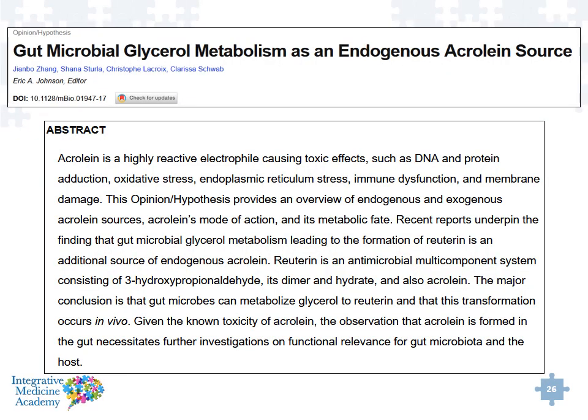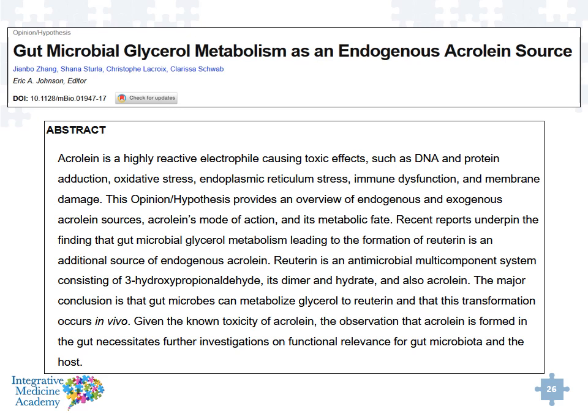So let's take it back to the level of the gut. Gut microbial glycerol metabolism is an endogenous acrolein source. It's possible that an overgrowth of opportunistic bacteria in the digestive tract could be a source of acrolein.